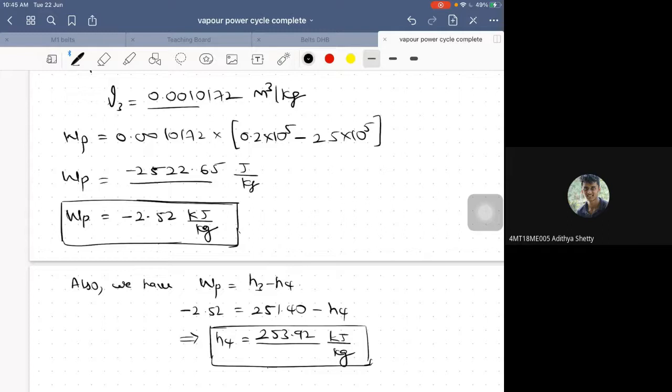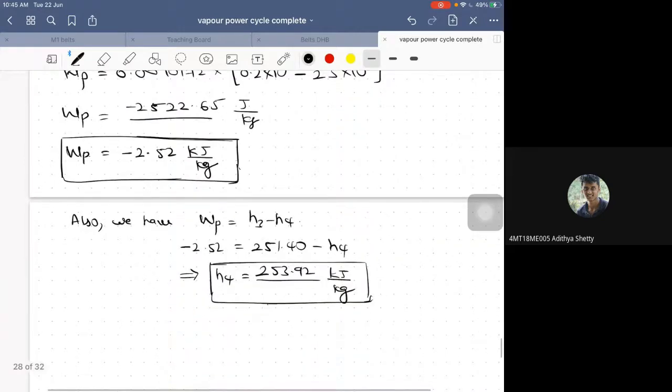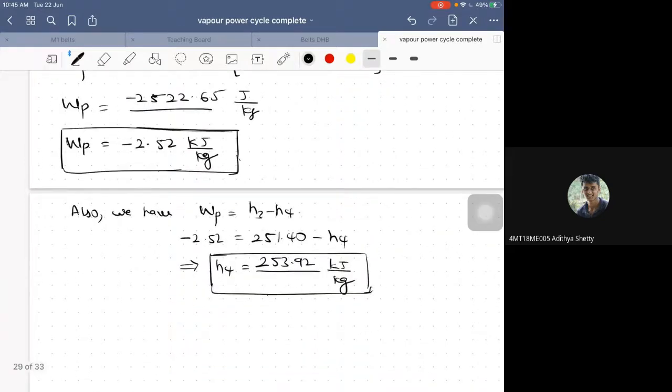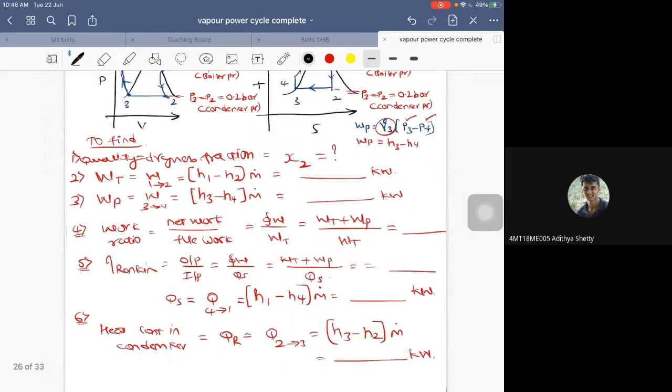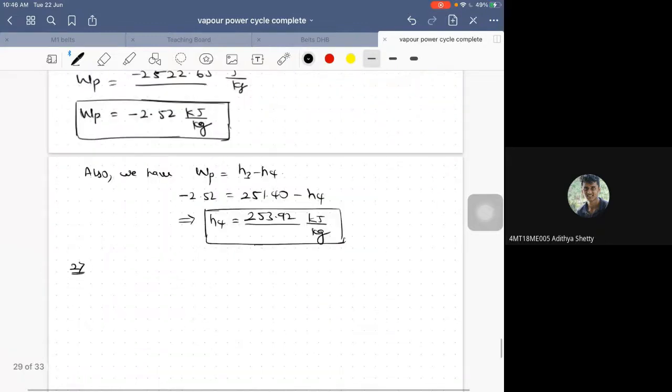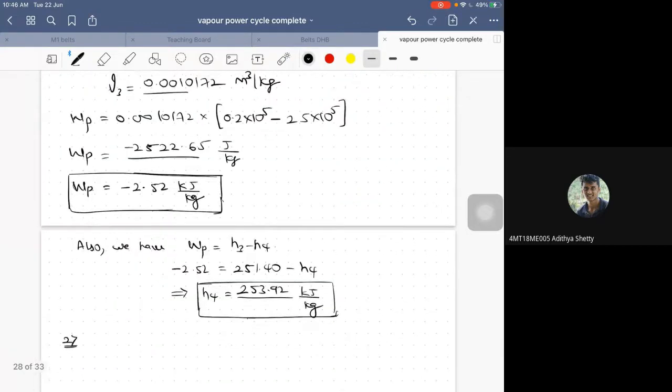Okay. So once the values of H1, H2, H3 and H4 are calculated, I think no one can stop you from calculating the rest of the things which are asked. So the second thing that was asked is turbine work, and then pumping work, isn't it?